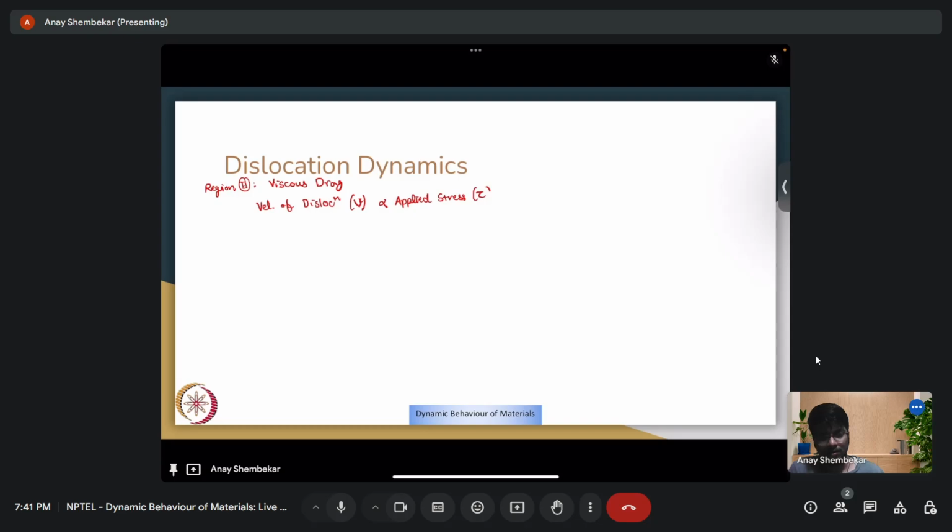So dislocation motion leads to temperature increase.